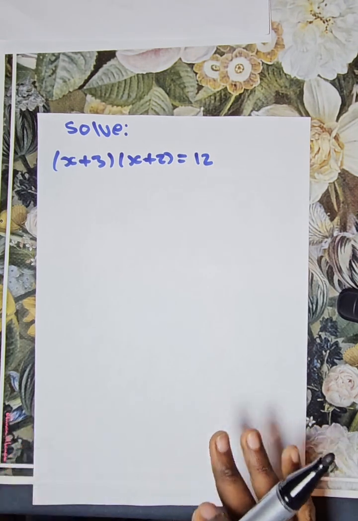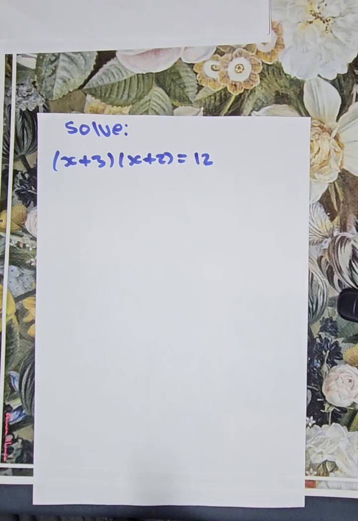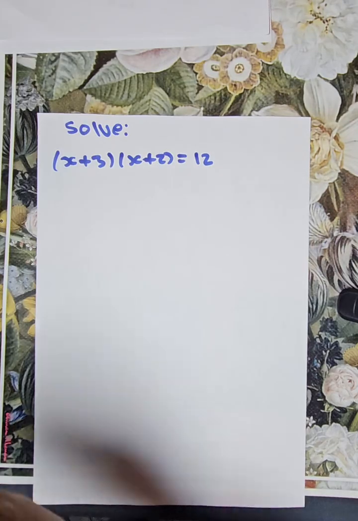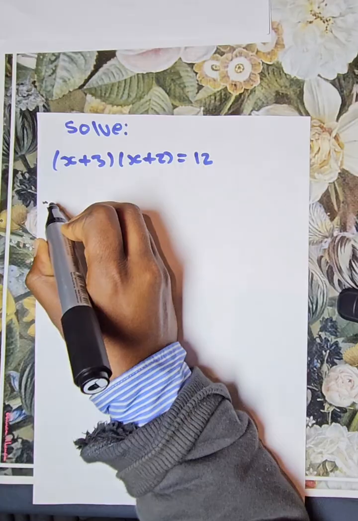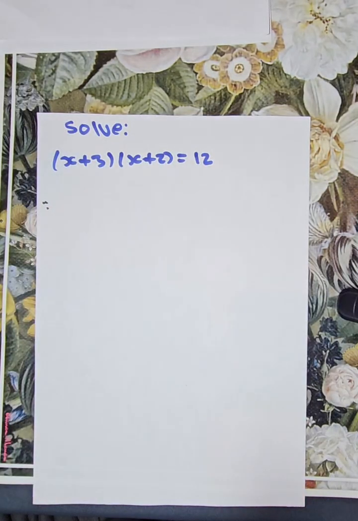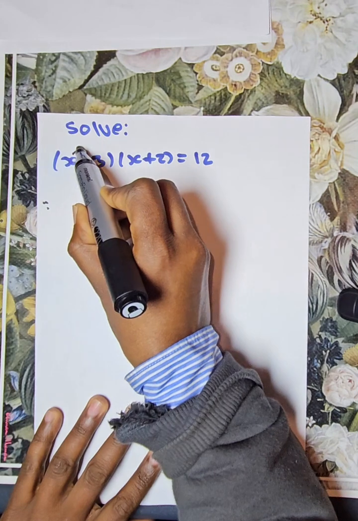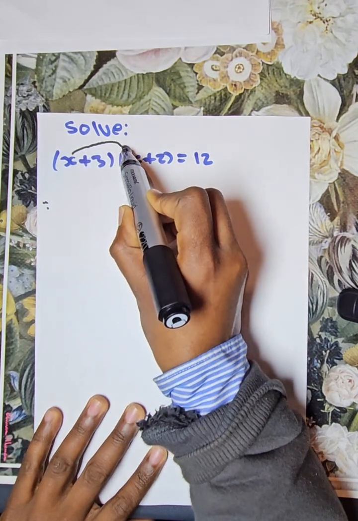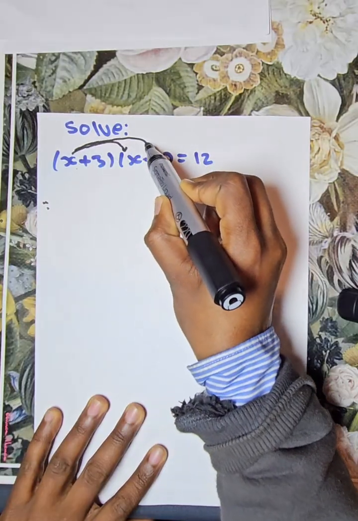We know this is an equation because we have variables and also an equal sign. We're therefore going to multiply out the brackets. This is binomial times binomial, which means each term in the first bracket must be multiplied by both terms inside the second bracket.